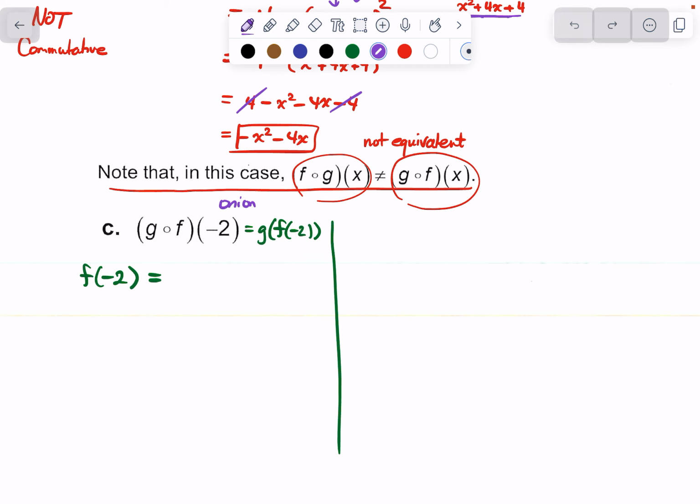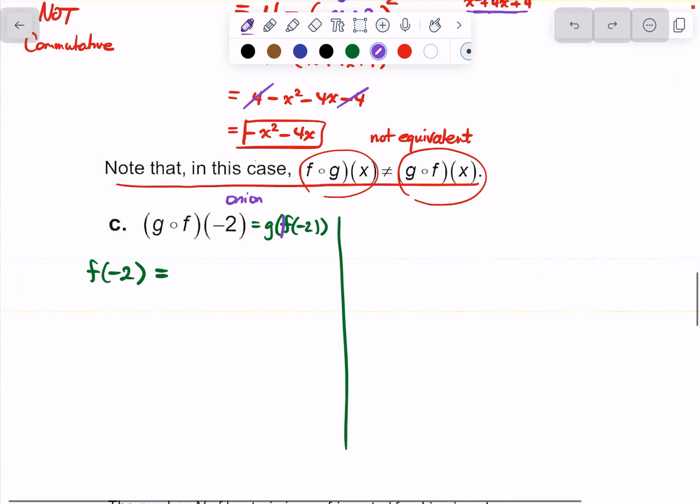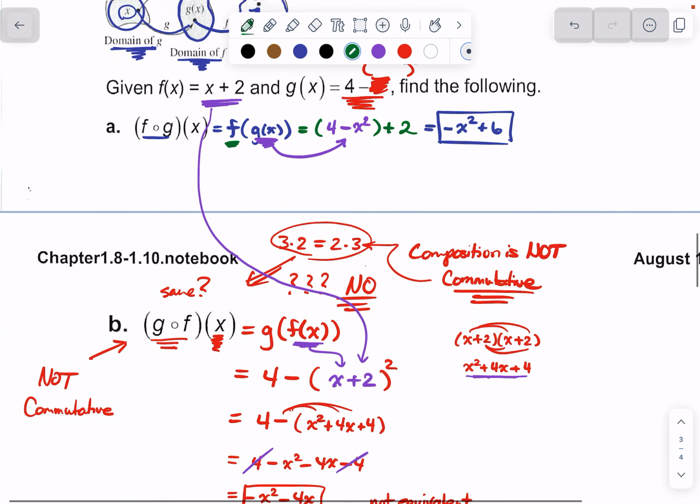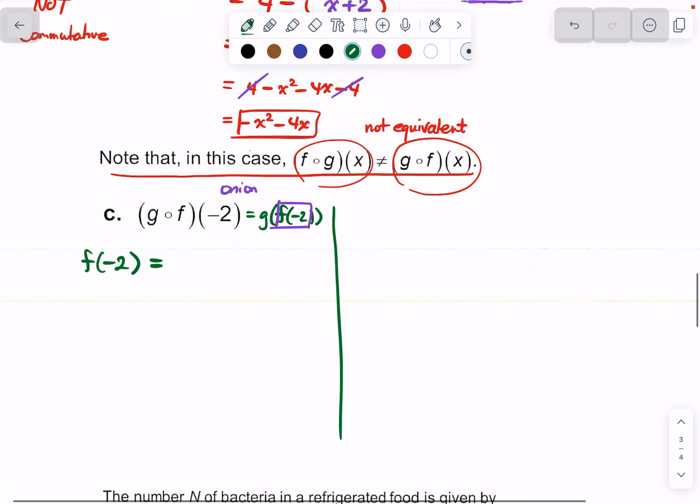F of negative 2 would be negative 2 plus 2, which equals 0. And so now I want to calculate g of 0.